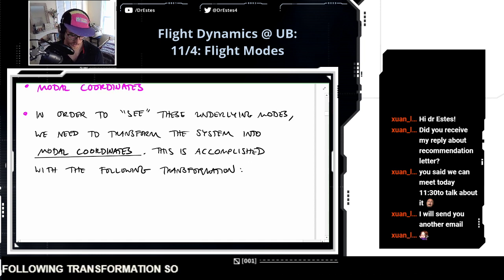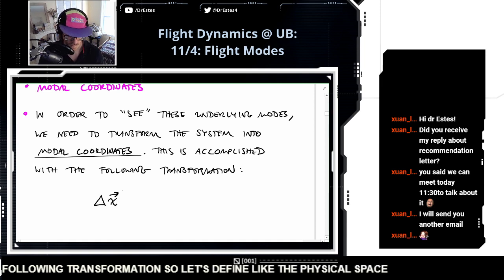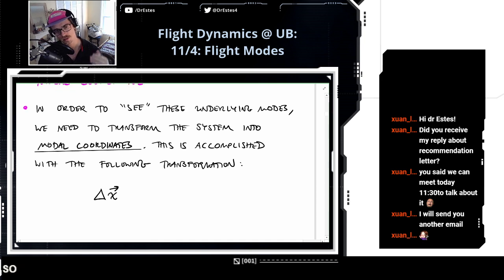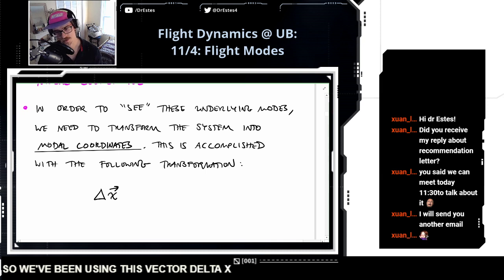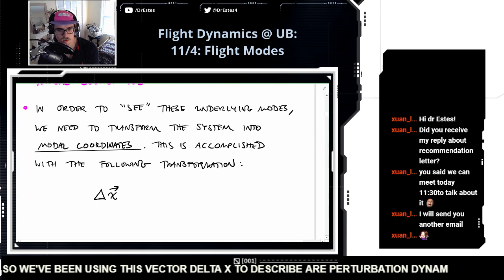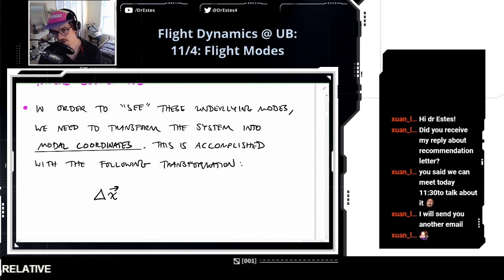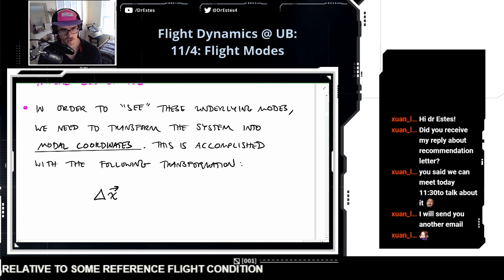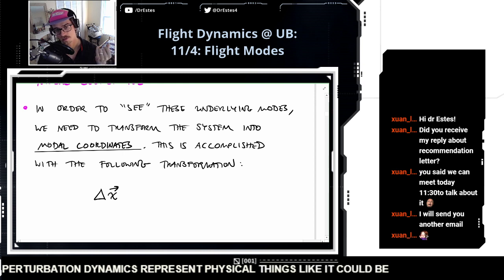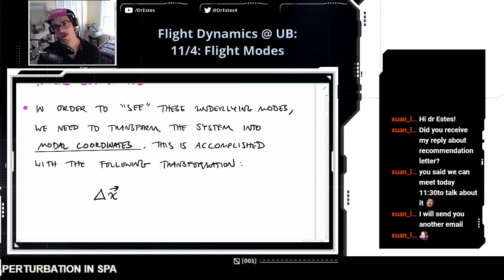So, let's define the physical space here on the left. We've been using this vector delta x to describe our perturbation dynamics relative to some reference flight condition. The states of these perturbation dynamics represent physical things, like the perturbation in speed or pitch angle or roll angle.